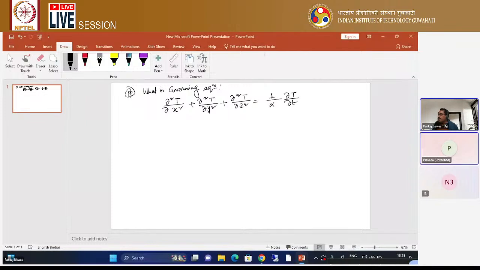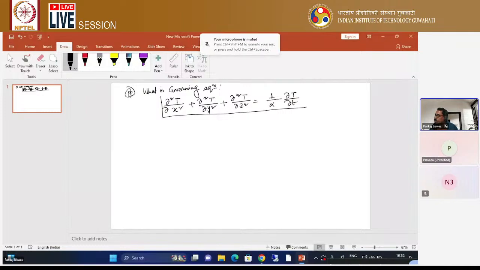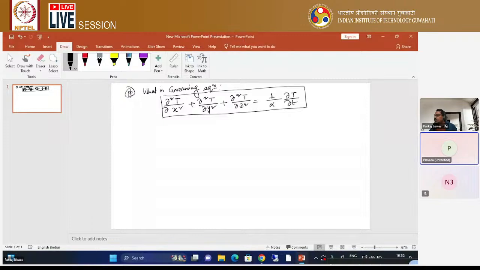I have already derived this equation. So first and foremost, you need to know the governing equation used for doing any type of analysis. This governing equation generally gives you all the knowledge for doing the analysis.